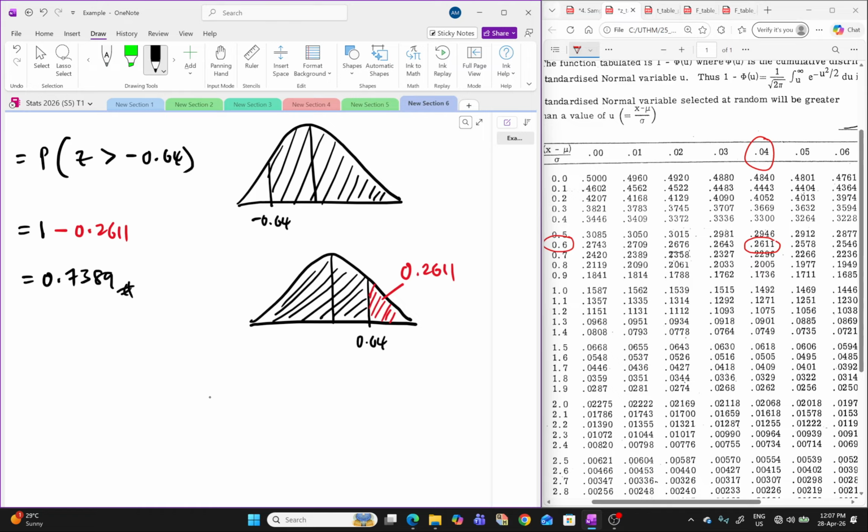Take an A4 paper, write your name, metric number, date, section.